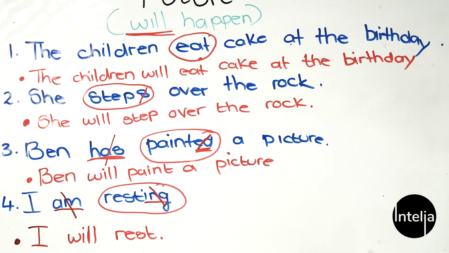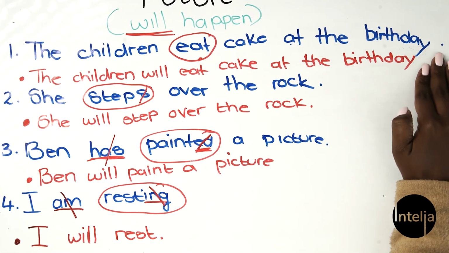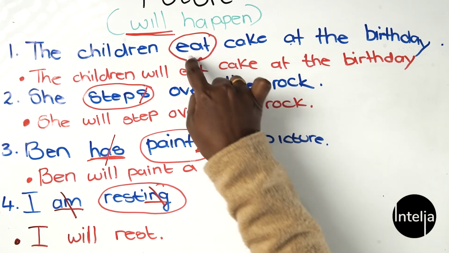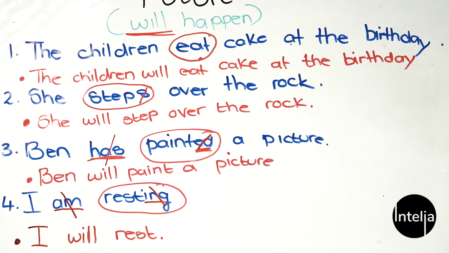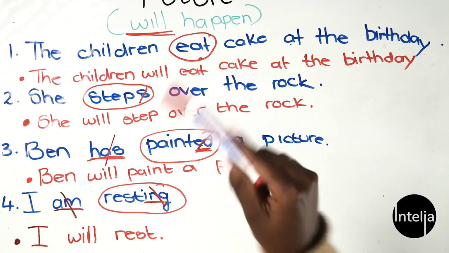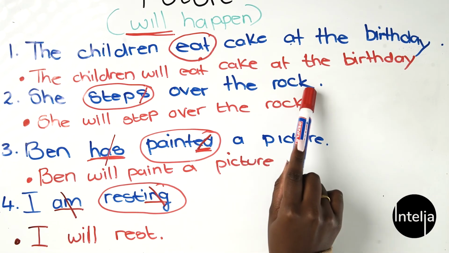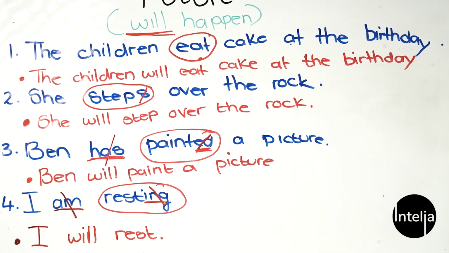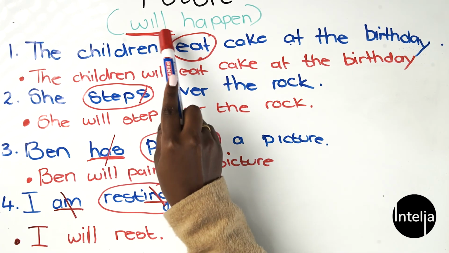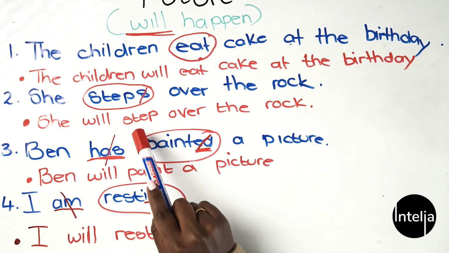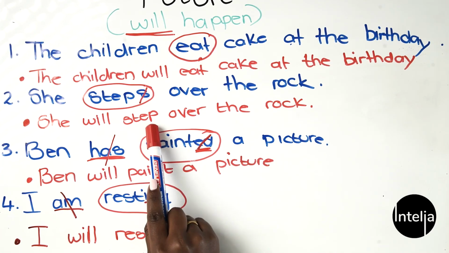Let's just go over it one more time. So our first sentence was in present tense. Why? Because of eat, which we changed into will eat to make it future tense. Number 2, she steps over the rock. What we did was we added will, our helping verb, and we took out the S and turned it into step.